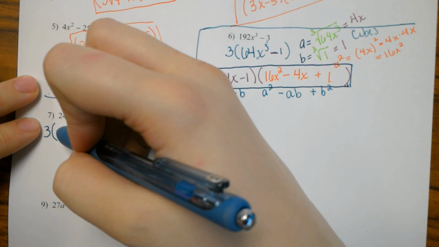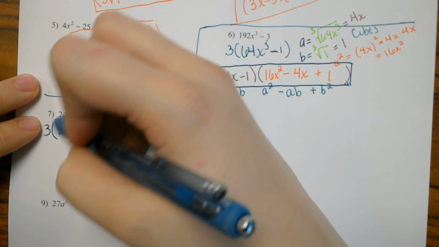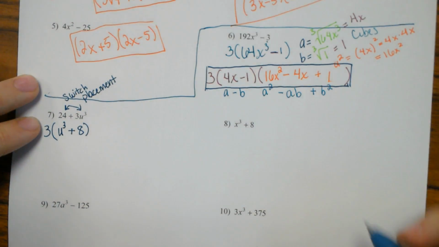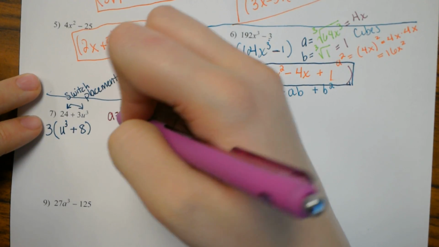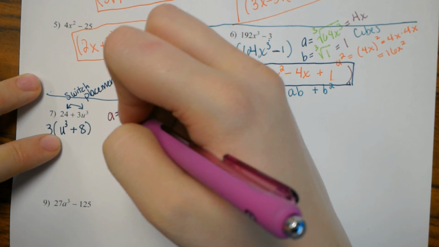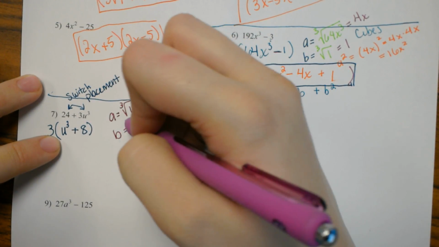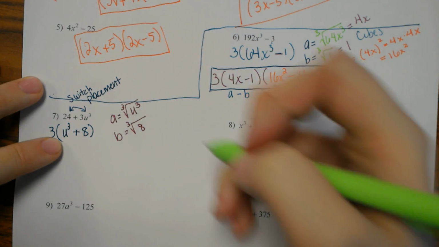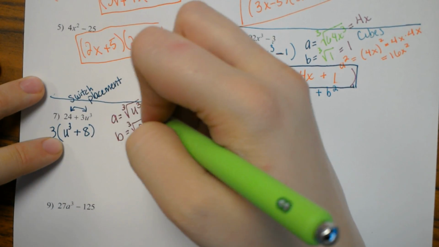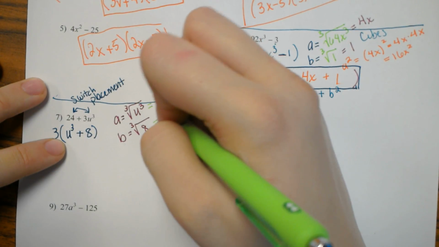So 3 divided by 3 just gives me my u cubed. 24 divided by 3 is 8. So my a is the cube root of u cubed, and b is the cube root of 8. The cube root of u cubed is just u, and the cube root of 8 is 2.